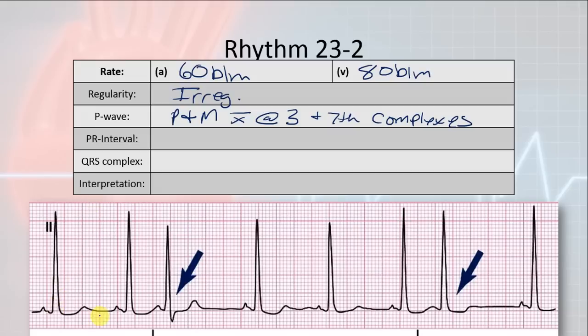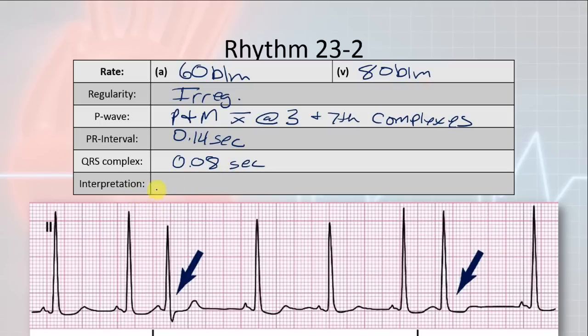The PR interval, let me see if we can figure it out here. 1, 2, about 3.5, so we'll say about 0.14 second. QRSs, they're nice and narrow, steeply angled with sharp points, and about 0.08 second.